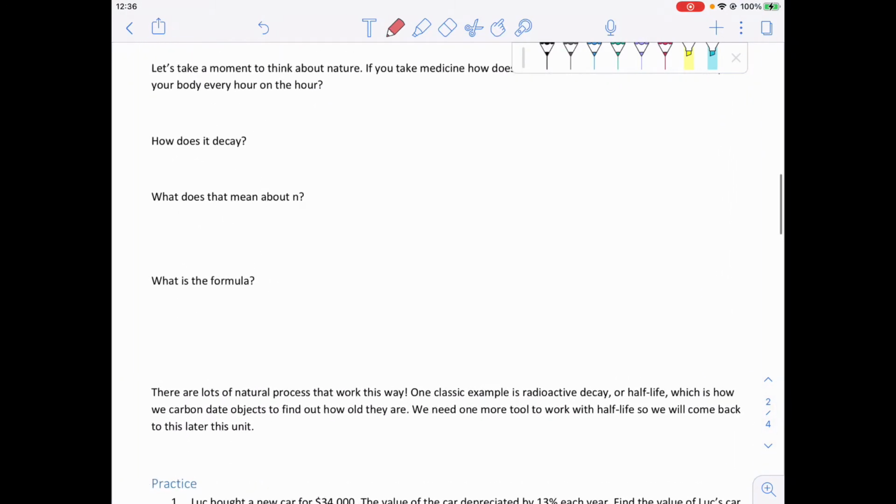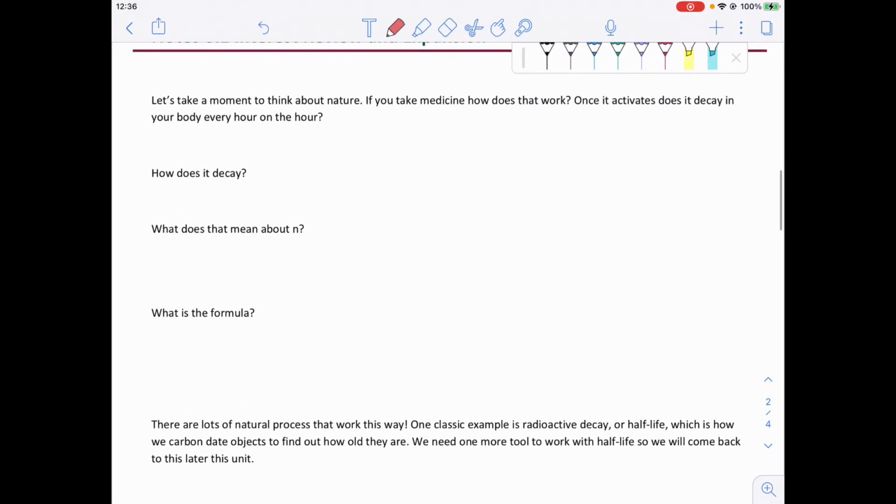So now let's expand out into some new stuff. If we think about nature and how the world works, if you take medicine, how does that work? You take your medicine, it activates, and then over time it goes away, which is why you maybe have to take more medicine, right? If you take Dayquil, it's going to wear off eventually. So once it activates, does it decay in your body every hour on the hour?